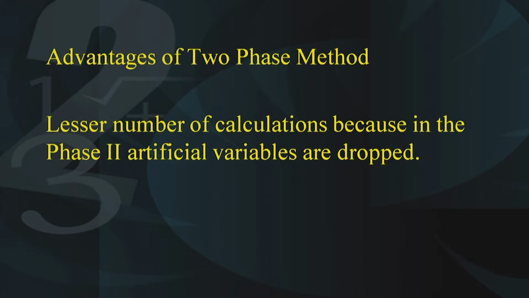As you have seen, the objective of the first phase in the two-phase method is to obtain a readily available BFS, and at the end of phase 1 you will find that the artificial variables have disappeared from the basis. Since they are 0, we can drop them in phase 2, and therefore the calculations will be decreased. That is a very good advantage of the two-phase method over the big M method.